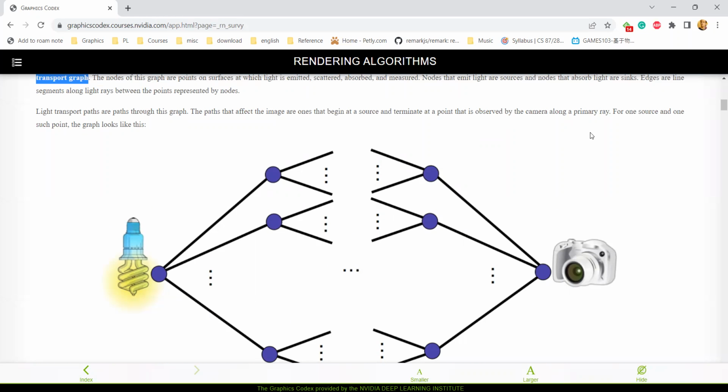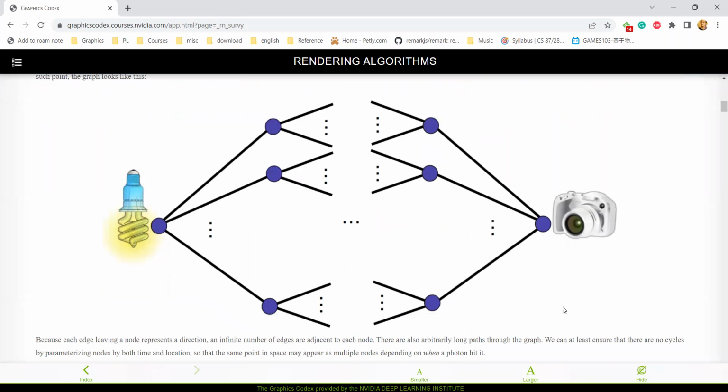Oh yeah, it's just one source and one such point, because the camera is an image plane, so it can have multiple points. Also, we have multiple light sources, so it is actually more complicated than this.